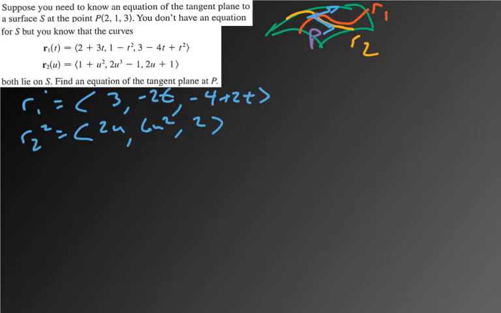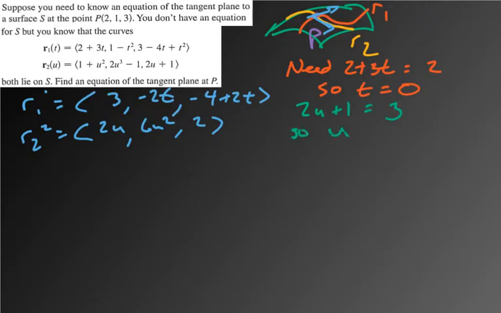The easiest one for t is: I need 2 plus 3t to equal 2, so t equals 0. Then 2u plus 1 needs to equal 3, so u equals 1, and I'm getting that from the last component right here.